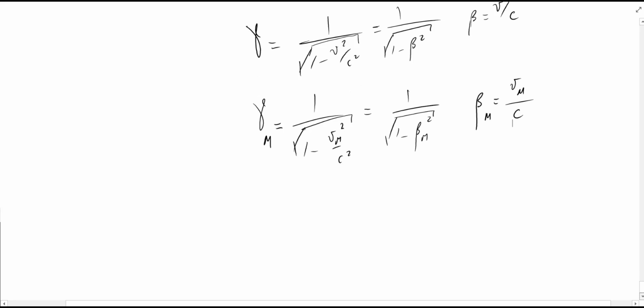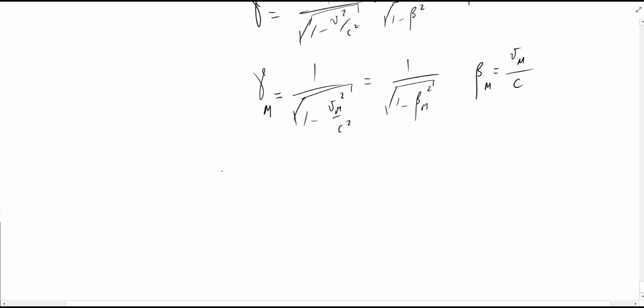So initially, before the collision, the energy was simply equal to the energy of the photon, which is hc over lambda, its wavelength, plus the rest energy of the particle M, which they didn't tell us what it is. Now I have two particles with the same mass m and the same velocity, so they have the same Lorentz factor, gamma times their mass times c squared.